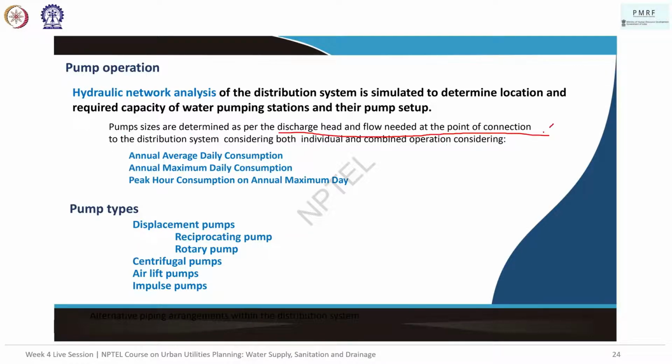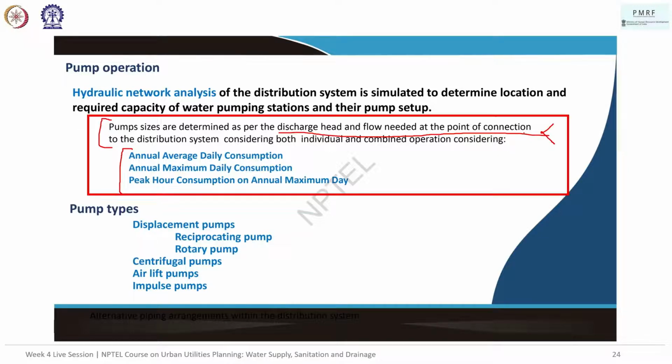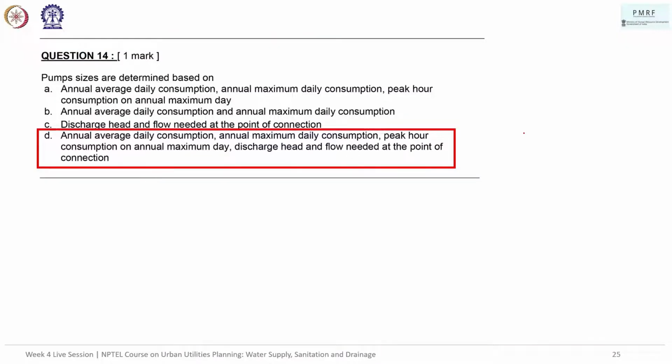So these are also important components in the determination of pump sizes. I know it's a little confusing, because it's given here in highlights and this explanation is given here. Essentially, using all of this, we are determining the flow needed at the point of connection, right? But since the option also covers this, that will be your answer, D.